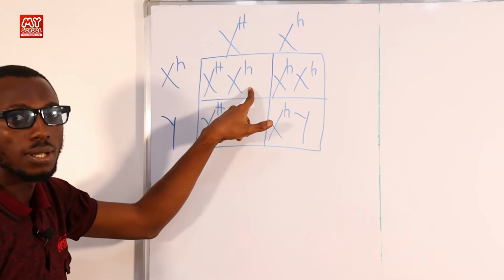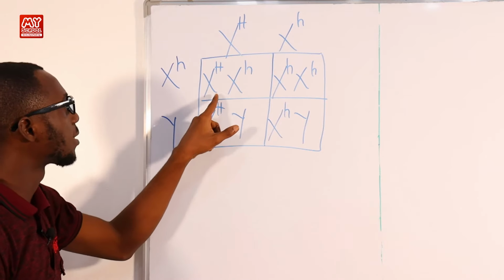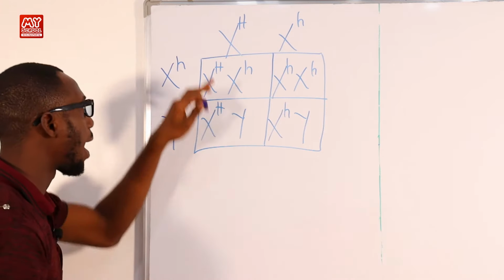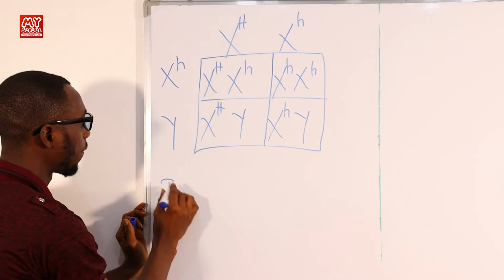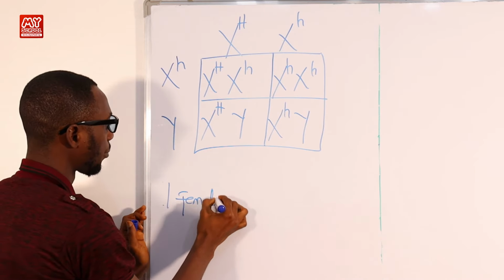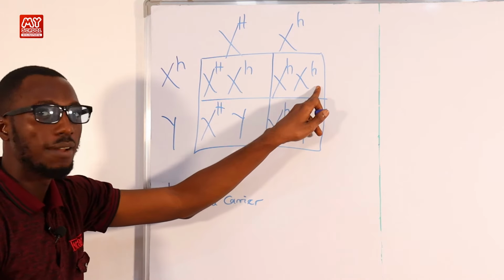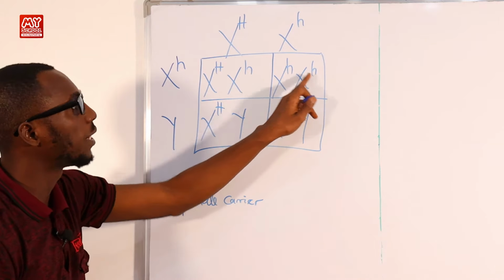So for the first box, we have this, and this is a female. So that means we have one female carrier. She is a carrier, a female X and X. Let's look at this. This definitely shows a hemophilic female. You can see two of the hemophilic genes on the two X chromosomes.